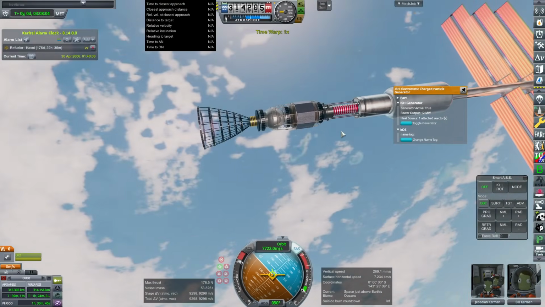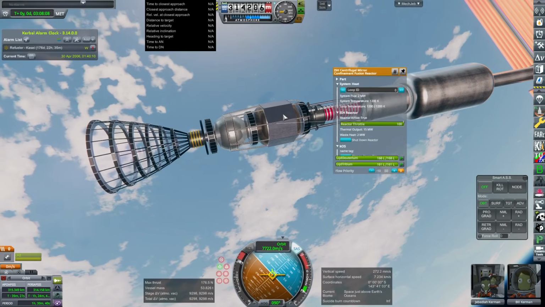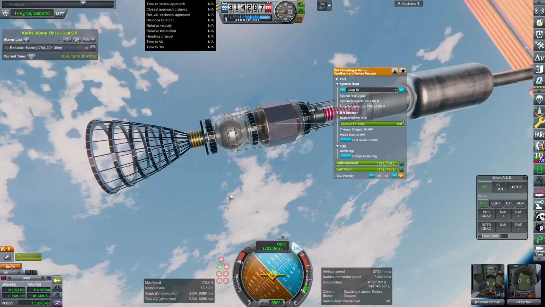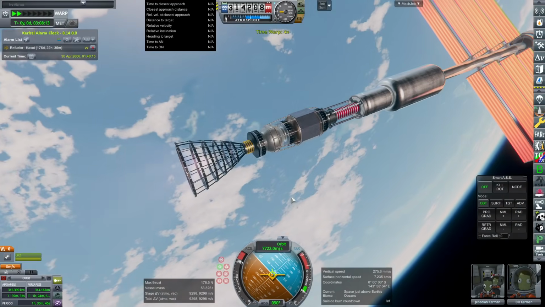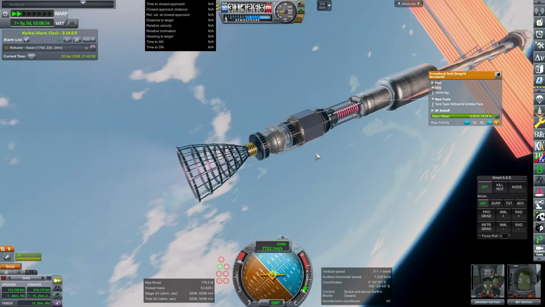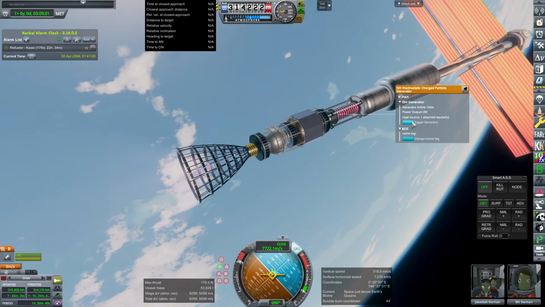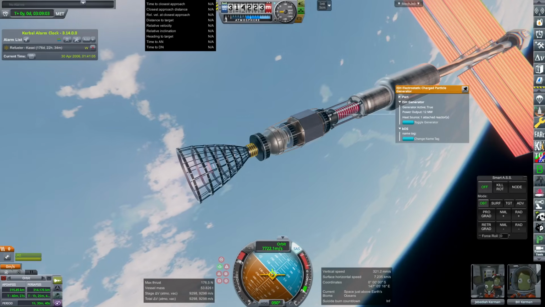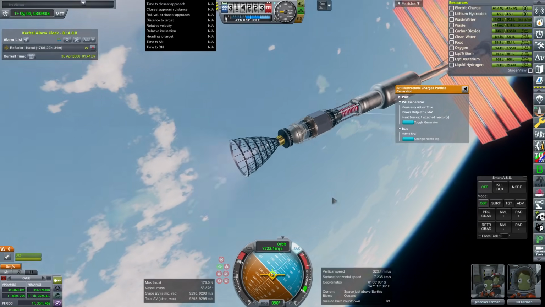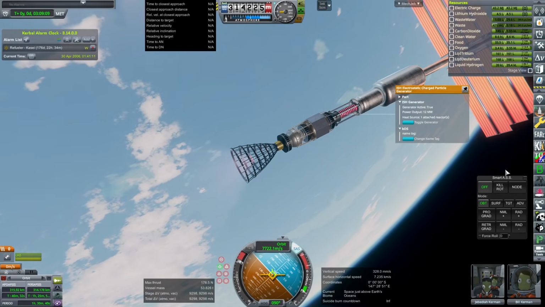Oh, you know what, though? It'd be better if I shut off this. Oh, yeah, now it's working. So I think what was happening was that the generator was taking some thermal output from the reactor, but we don't need any electric charge, so that wasn't actually happening.